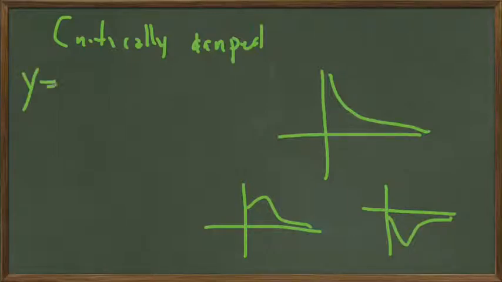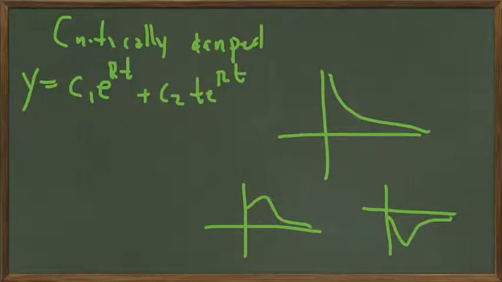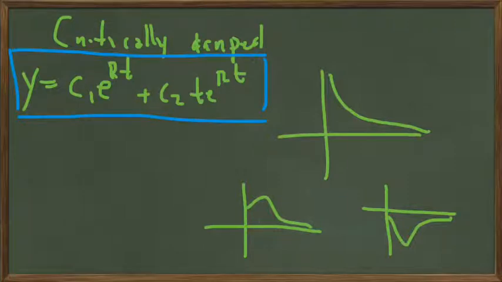These look like y equals c1 e to the rt plus c2 t e to the rt. The root is repeated, and the only thing we need to do in this case is find the c1 and c2.